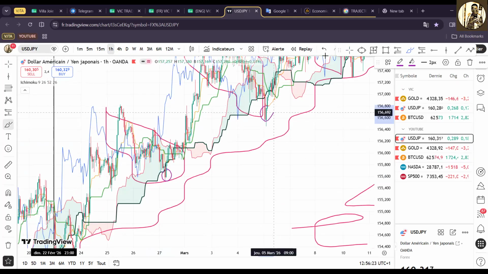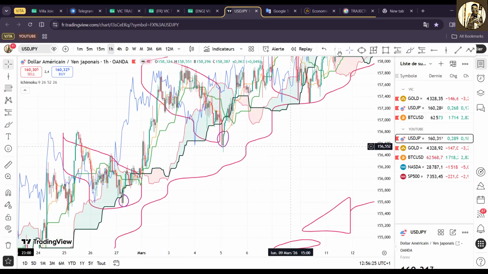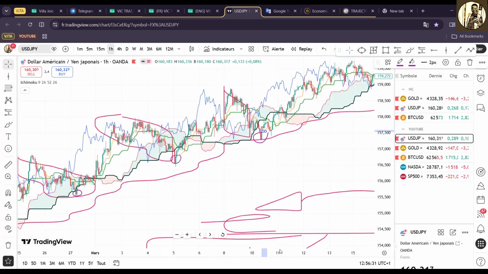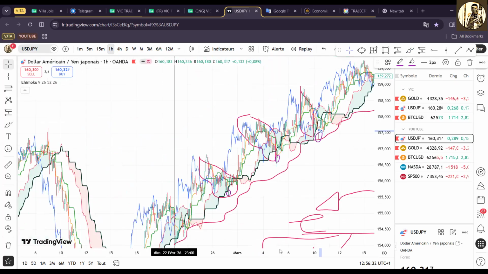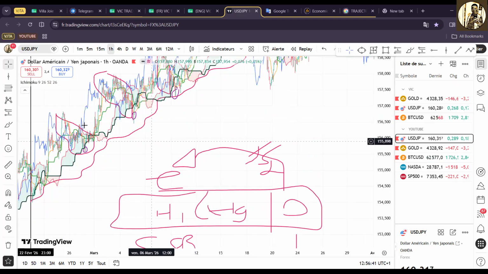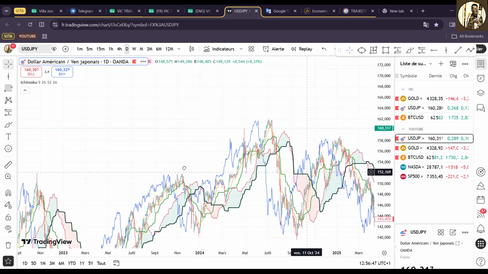Those are the places where you enter on SSB for a continuity to the upside, when the Tenkan daily is not touched by any candle and you are seeing a red pullback breaking the V's. So that's the first element of the line theory.